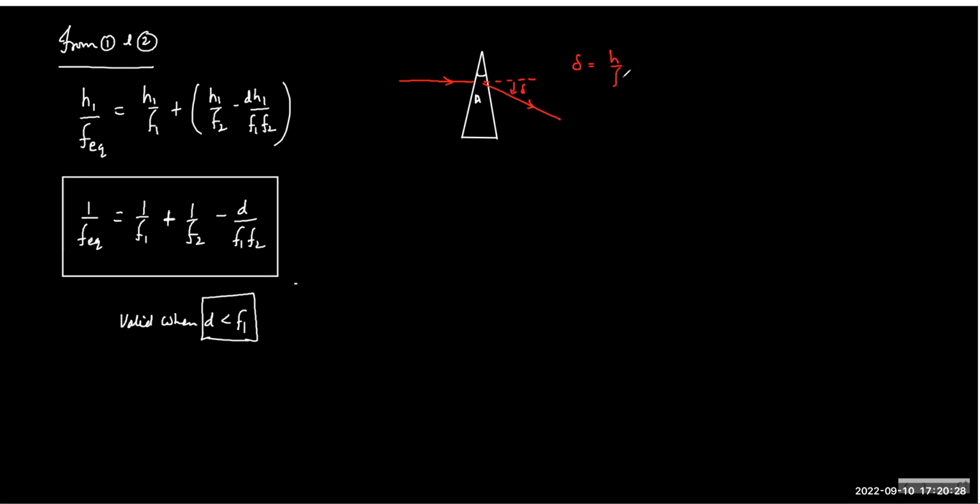H by F. Deviation we write as mu minus 1 into A. This we write for a prism in air, right? But what if the surrounding has some medium? In that case, the deviation in the medium will be mu by mu medium minus 1, into A.